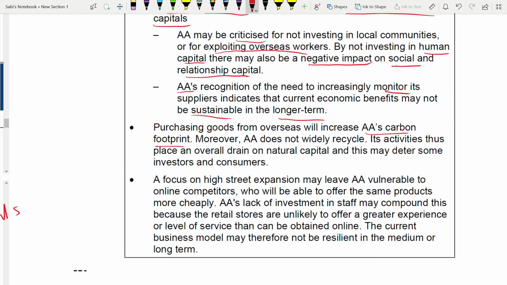And also, they are not taking the initiative to recycle. So it's again an added disadvantage. Because of this, your natural capital suffers. It's draining. Because of this, it will deter some investors and consumers. They will not be happy with this.